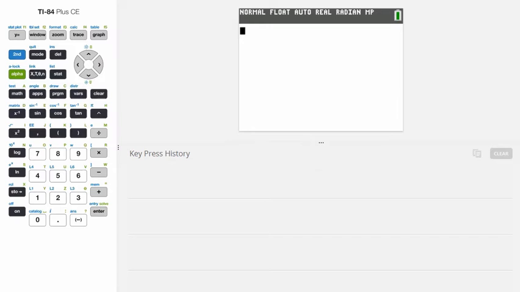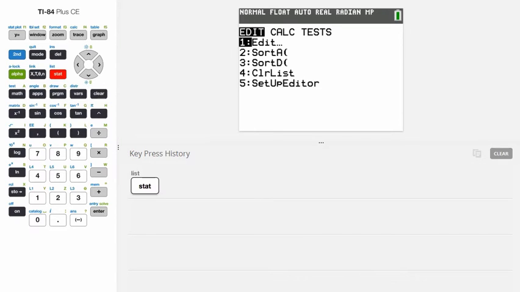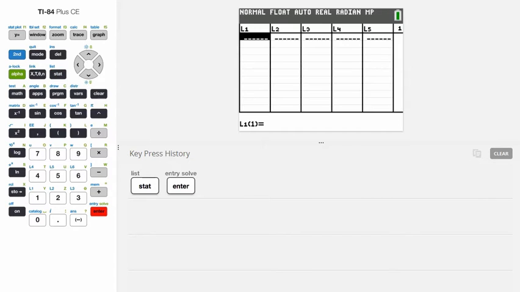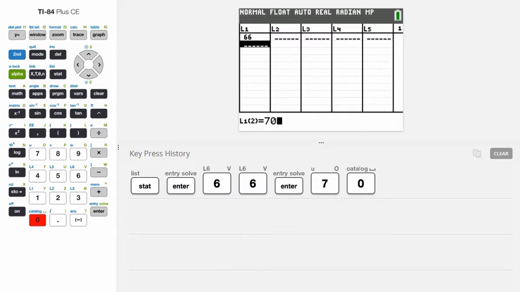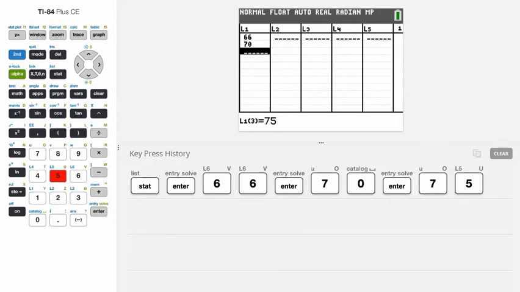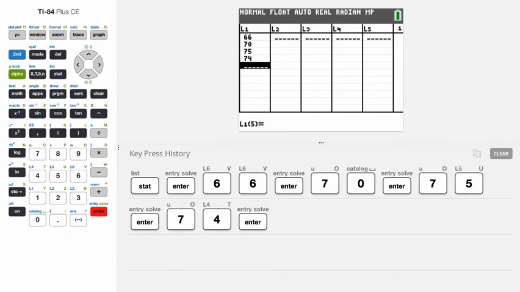Going to our calculator, our first step is to click the Stat button. We want 1, Edit, press Enter. Then in L1, we want to type in our data. 66, Enter. 70, Enter. 75, Enter. 74, Enter. 86, Enter.